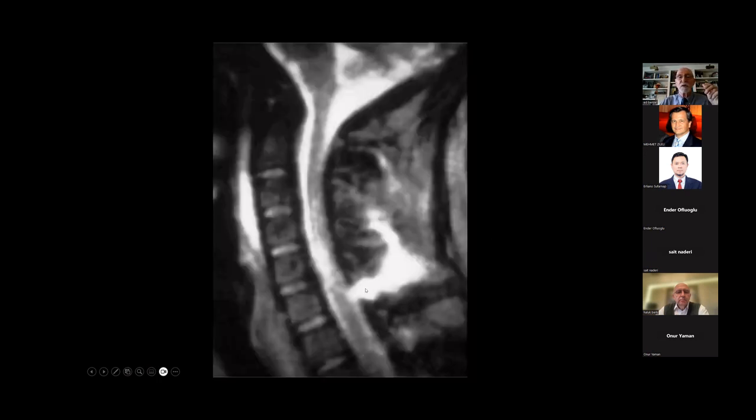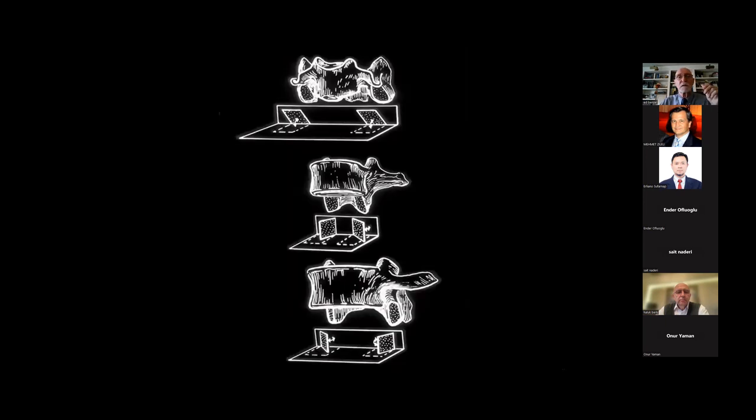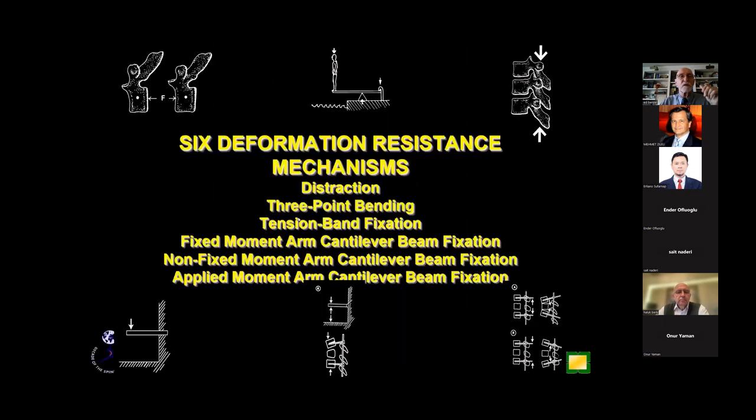We can also see this equivalent injury with the shoulder harness in the cervical spine, as depicted here. The orientation of the facet joints are critical. In the cervical region, they're coronal, and in the lumbar region, they're sagittal. This affects motion. And for example, in the lumbar region, there's very little rotation because of the sagittal orientation.